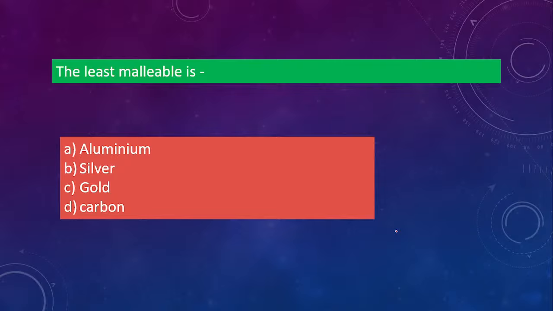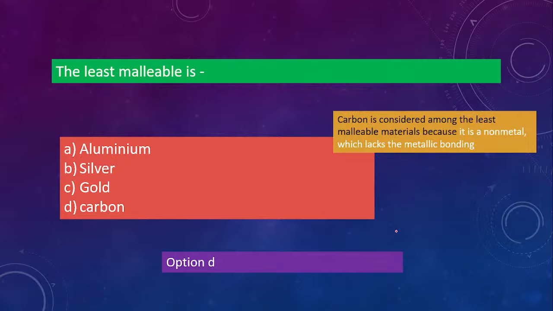Least malleable. So option is D, that is carbon. All these are metals, aluminium, silver, gold, so they are malleable. Carbon is the one which is least malleable out of these four. Carbon is considered among the least malleable because it is a non-metal which lacks metallic bonds.